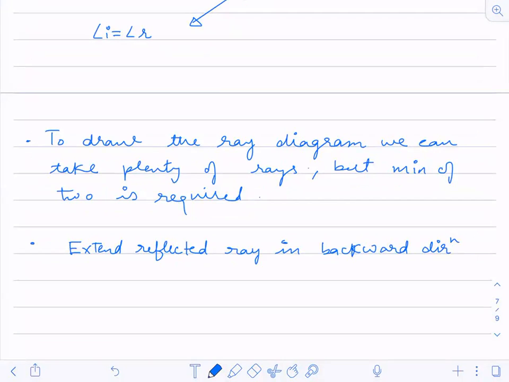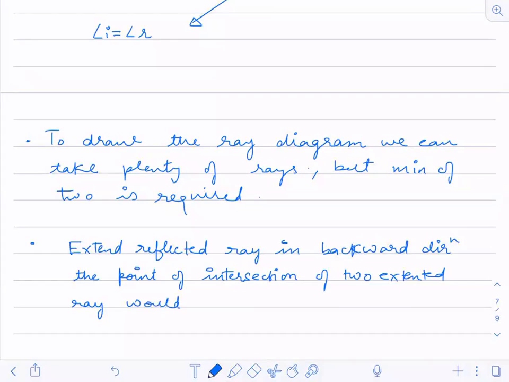The point of intersection of two extended rays would give us the image of that point on the object.